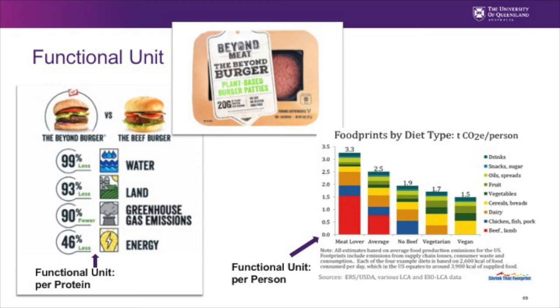Then we have the foods that are compared, the meat lover burger, this information is from the USA, the average burger, the no beef burger, the vegetarian burger, and the vegan burger. So look at this comparison and look at the example when we are talking in terms of protein, when we see that the difference in terms of water consumption and other impacts are very dramatic. And look at this now when we normalize in terms of per person. These things look slightly different.